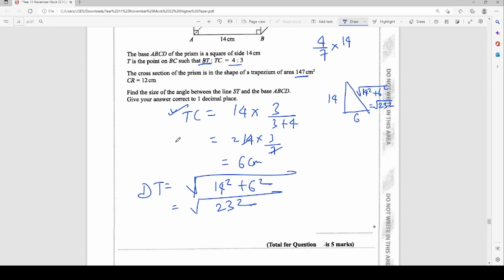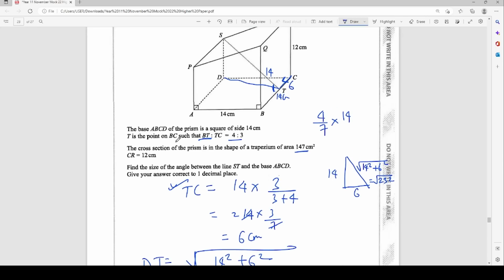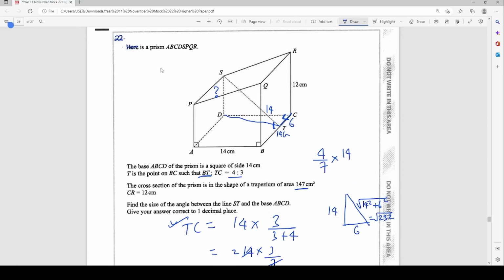And let's find the angle. If you see here, this is a trapezium and the area is given to us. If this is 12, we do not know this length, so let's find it. I know the height is 14, this is one of the parallel sides, and this is the other parallel side.